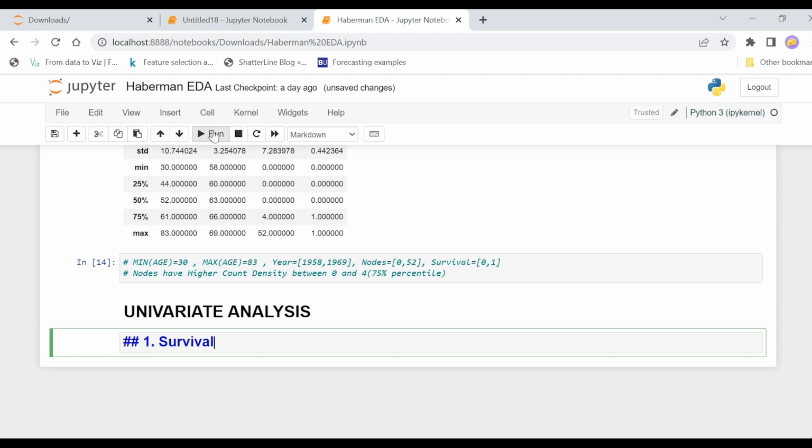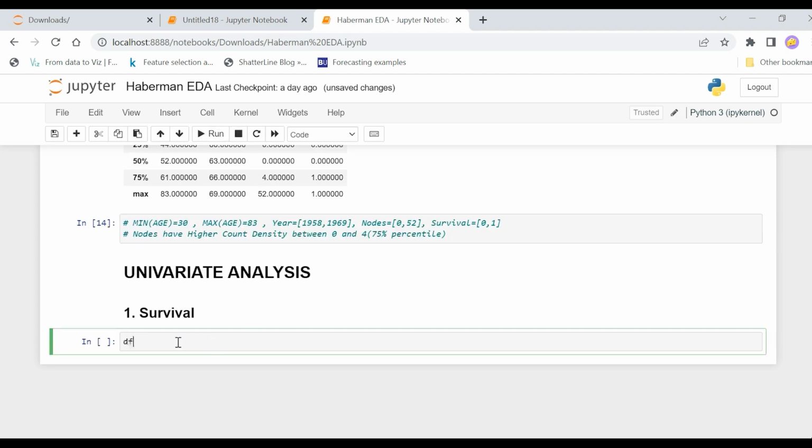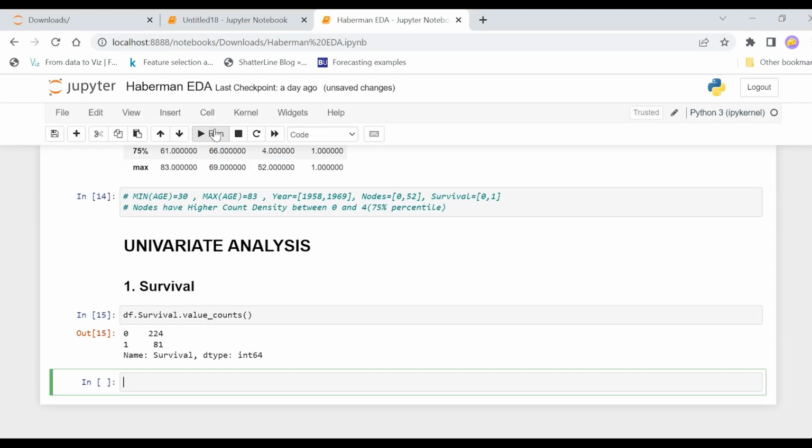The first feature was survival. So in this case, I can simply say df.survival.value_counts. It says that you have 224 people who will be living more than 5 years and only 81 people who will be living less than 5 years.